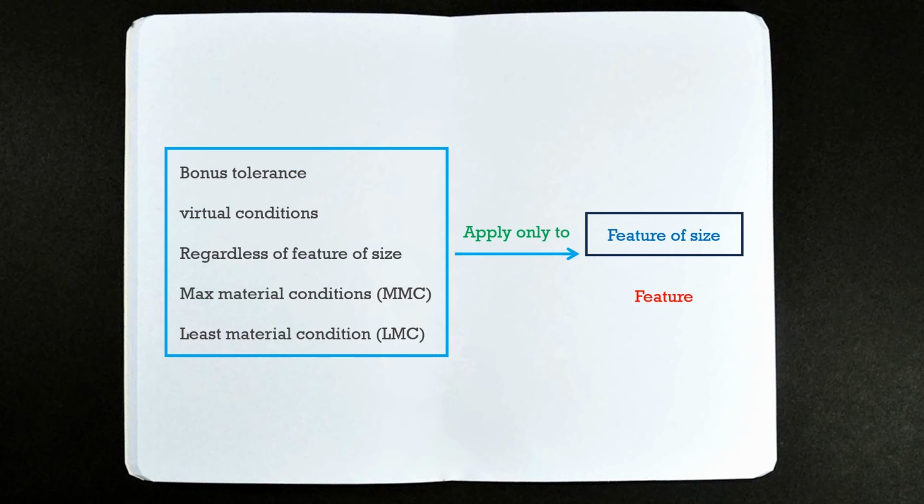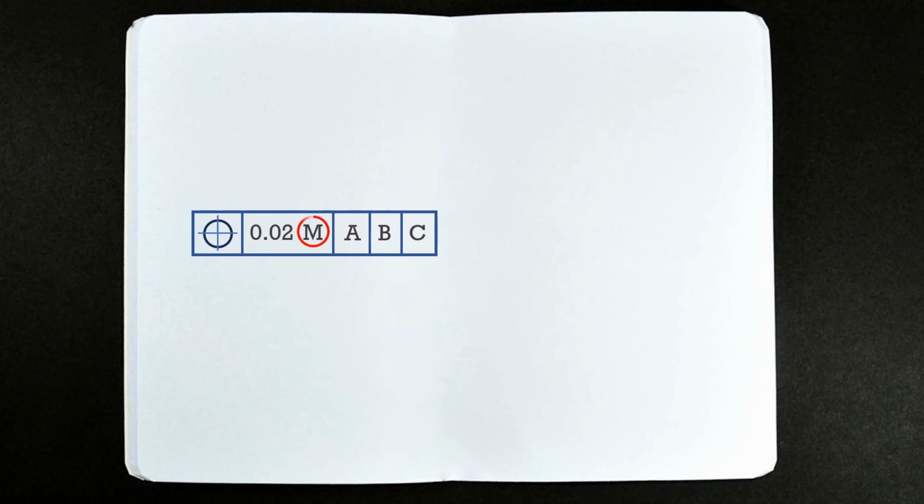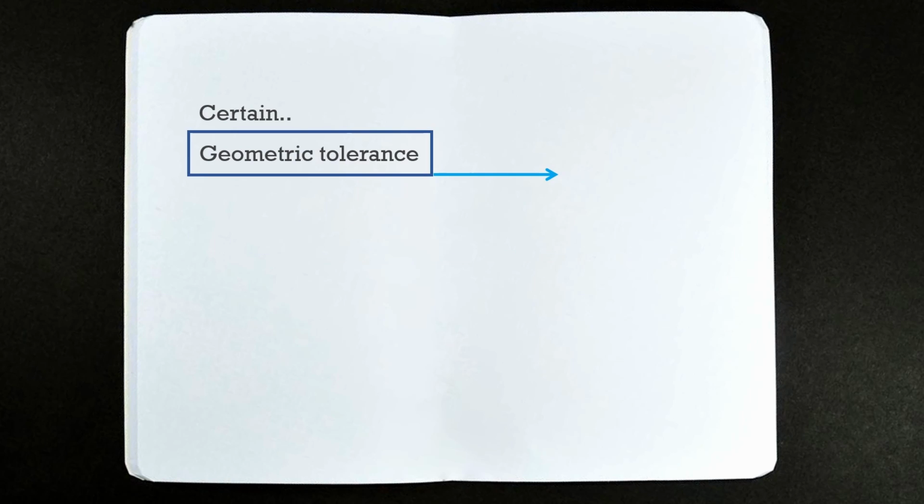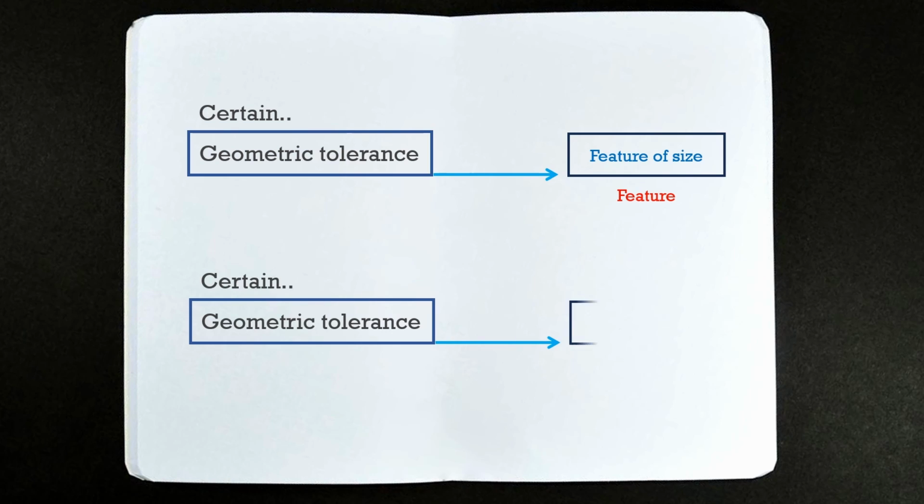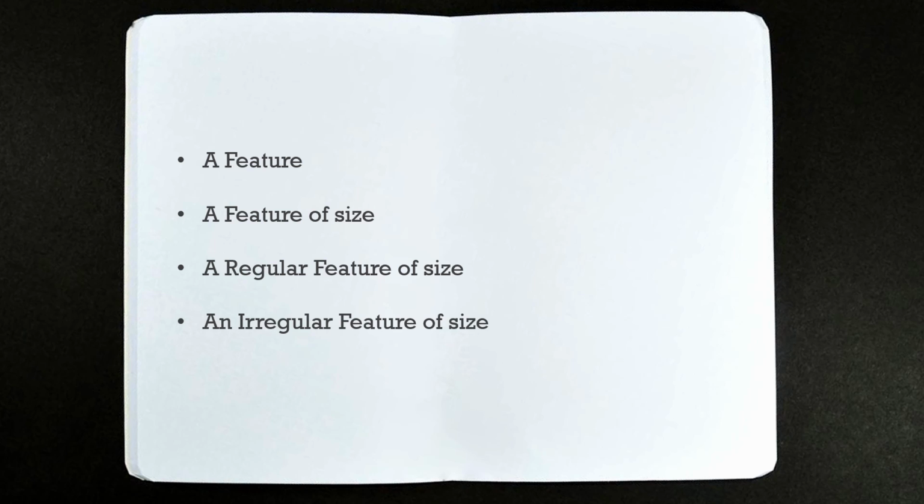And most importantly, MMC and LMC modifiers may only be used where the feature control frame is applied to a feature of size, not to a feature. Certain geometrical tolerances may apply to a feature of size, and certain geometrical tolerances may apply to a feature, not to a feature of size. So let's understand these terms one by one.